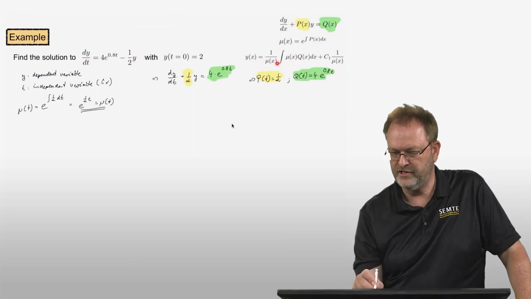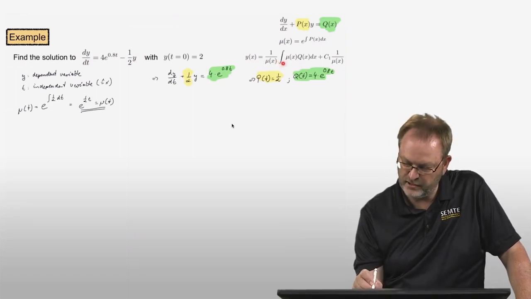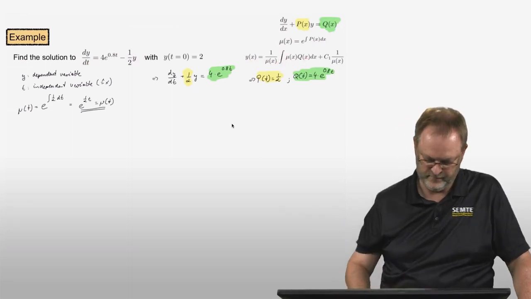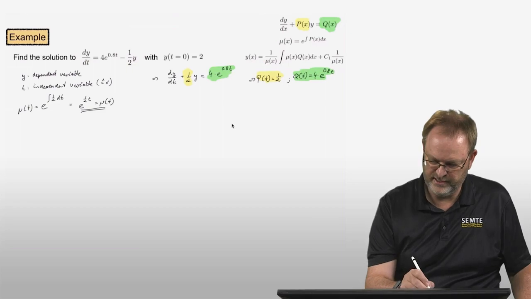But in this solution equation, I also need to calculate this integral of mu of t times q of t dt. So let's just write this out once.